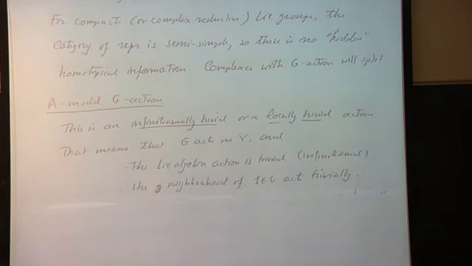Now, an A-model G action is an infinitesimally trivial or locally trivial action. These are the two variants I alluded to before. So that means you have an action of G on the vector space, and you ask either that the Lie algebra action should be trivial, or that the neighborhood of 1 in the group should act trivially. And that's what I call infinitesimally trivial or locally trivial.